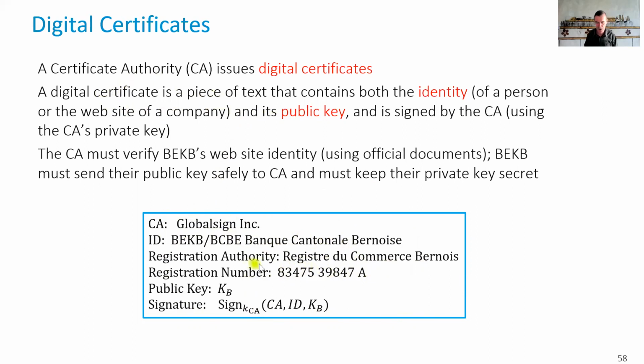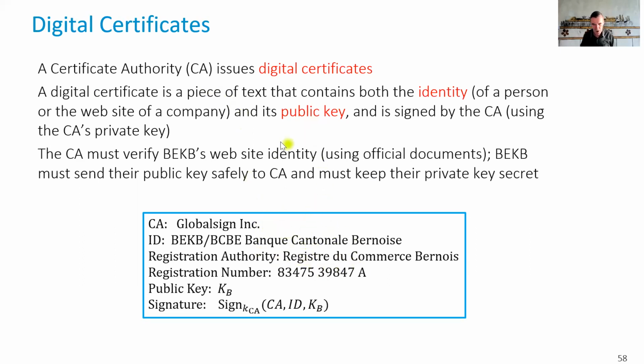Any Swiss company has a number obtained from the Registre du Commerce, which you can obtain by sending a letter to the Registre du Commerce Bernois. And Global Sign, for example, is the signer, and can verify this.